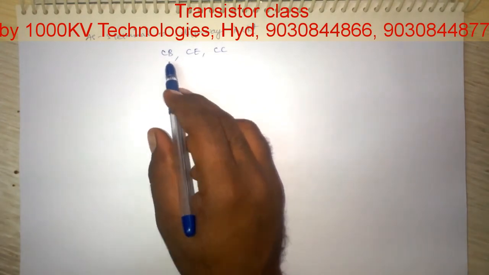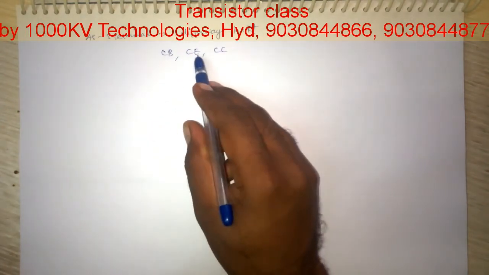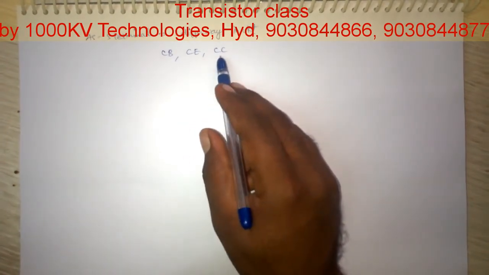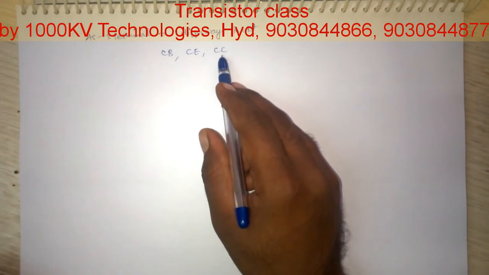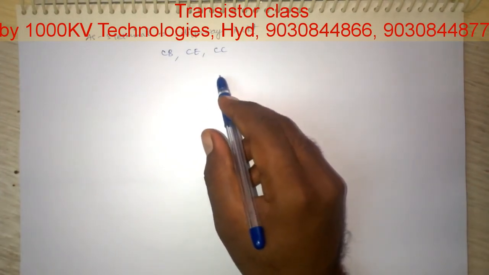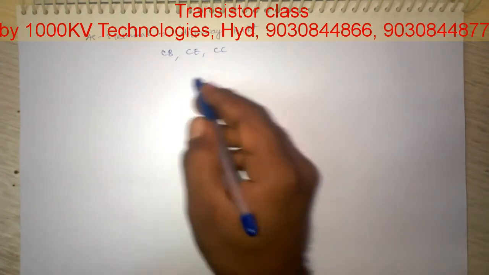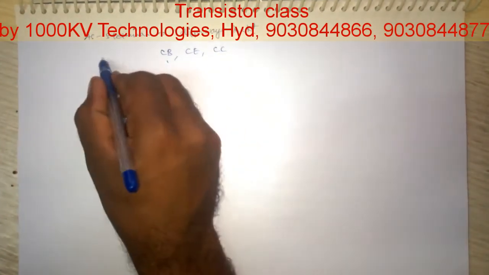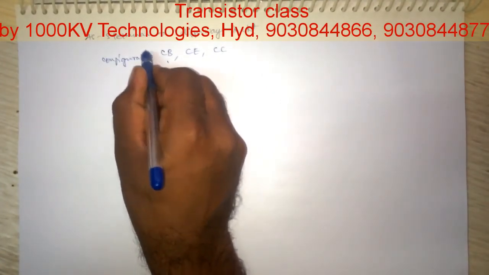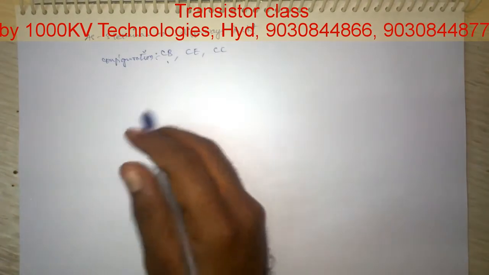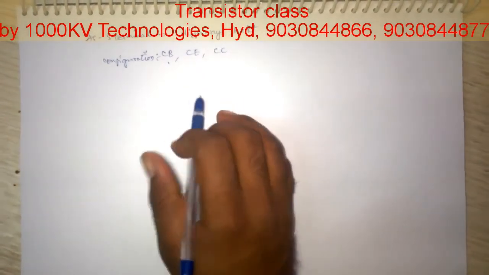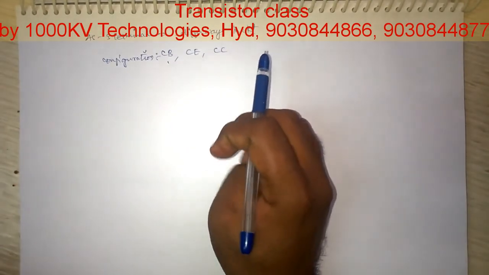In common emitter configuration, the emitter is common between input and output. In common collector, the collector is common between input and output in a circuit. So these are the three configurations. That means we can connect a transistor in three different ways in a circuit, because it has three terminals.